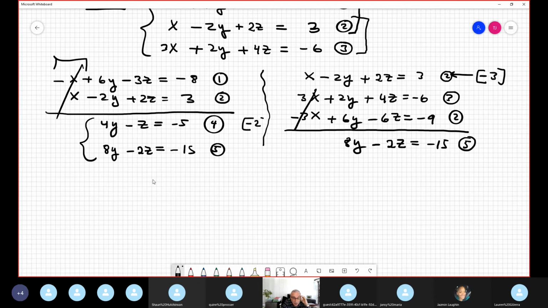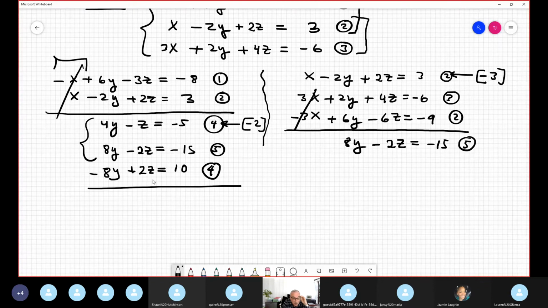If you multiply equation number 4 by -2, what is my intention? -2 and -1 is +2, and +2 and -2 is ready for elimination. Multiplying equation 4 by -2, we have -8y, where does it come from? -2 times +4 is -8, and -2 and -1 is +2z, equal to, -2 and -5 is +10. And this is my new equation 4, no contradiction.